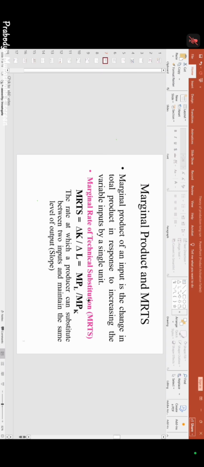So this technical substitution is how it is related to your input. When you are increasing a single unit of one input, how much does the other input respond? In Sinhala, suppose you increase your L, or labor, by one person. When you increase labor, you cannot increase capital as well, because it is negatively sloped.